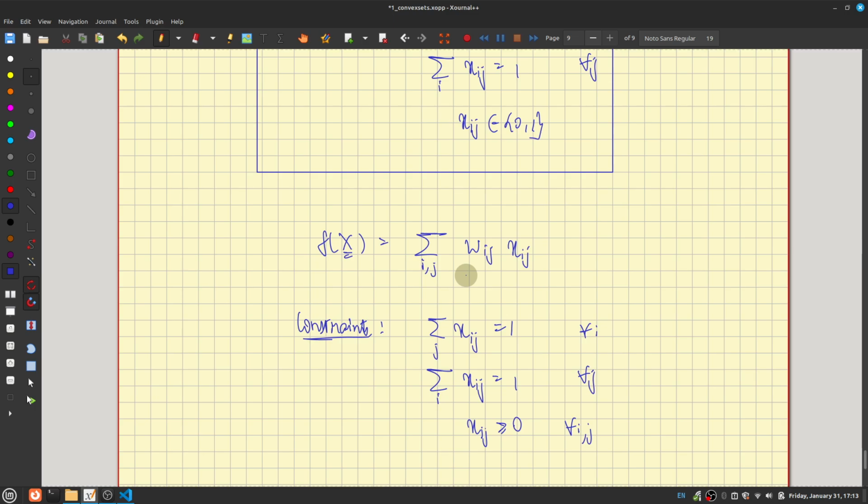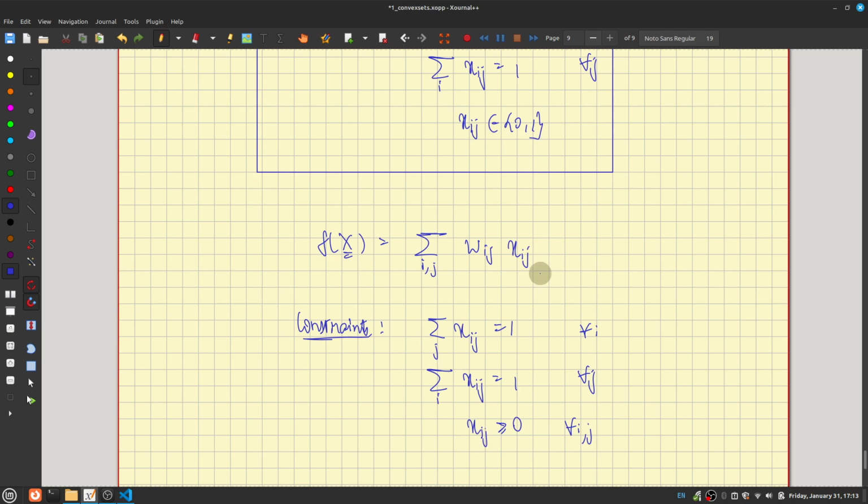Now, if you think about it a little bit, what kind of a function is this objective function in terms of x? It's a linear function, correct? And what about the constraints? So these constraints are, of course, linear. Plus there's an additional non-negativity constraint.